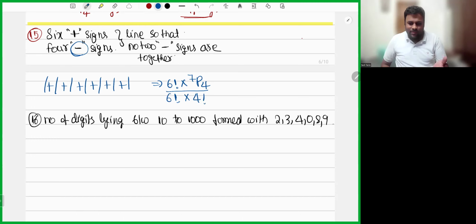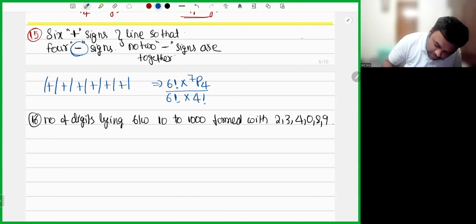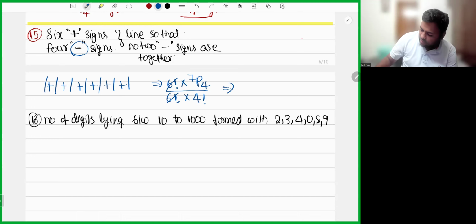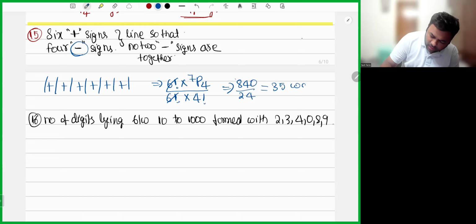All are the same, so I divide by the number of repetitions. 6 factorial cancels. 7P4 is 840, divided by 24, which is 35 ways.